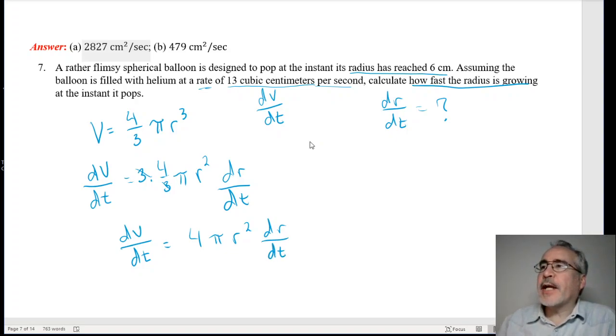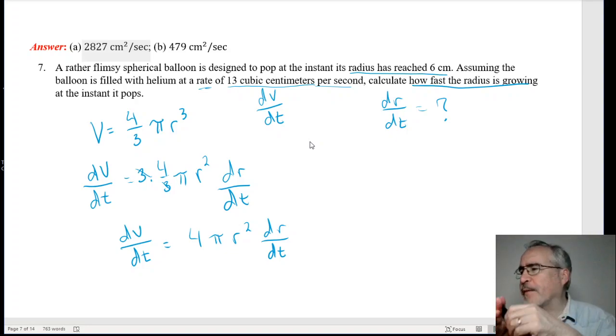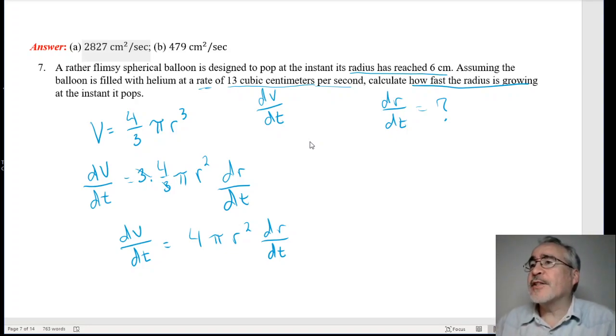Now, let's come back here. What is constant in this case is the change of volume, because there's a rate that the air is being put in there. If you know anything about helium, it's a gas that doesn't compress much, so when it goes in, it should be giving you that same volume change. So we've got the dV dt here.